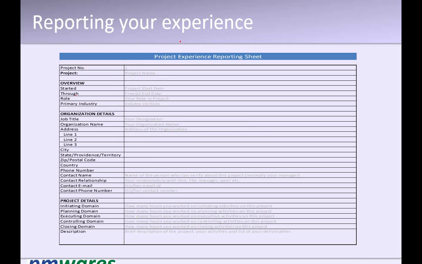Your project name, when it started, when it ended, what was your role, which industry it belonged to, organization details, phone number, and a contact person whom PMI can contact with reference to this project. How many hours you put in for initiation, planning, execution, controlling. So for every project you have to tell how many hours you put in these process groups.